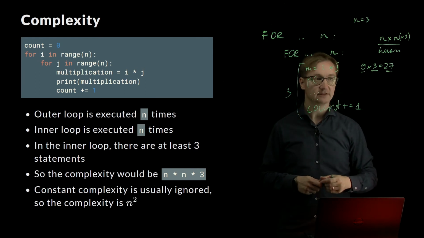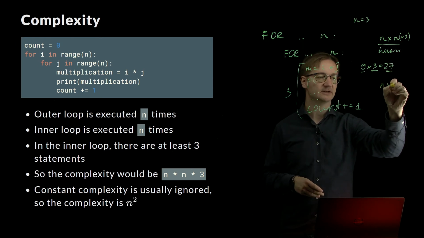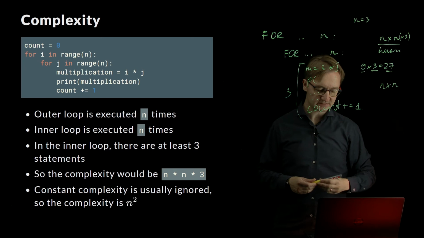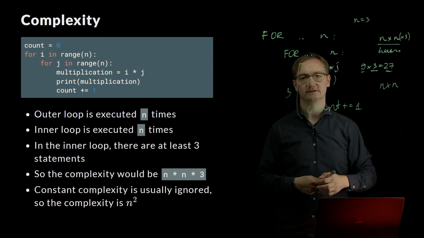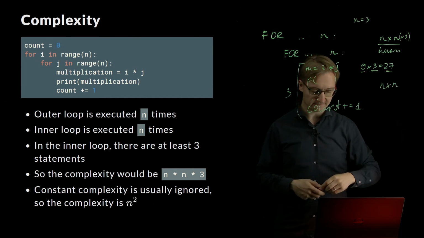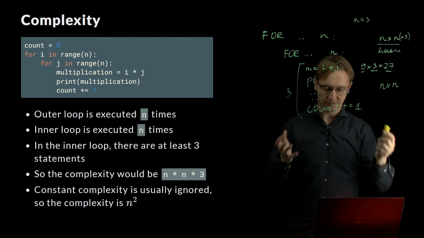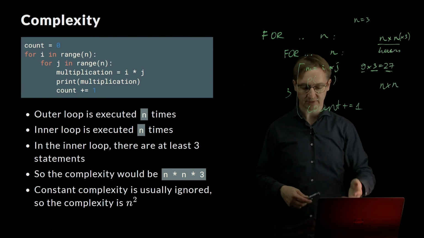So basically n squared times 3 is actually the same as n squared. The complexity doesn't show the actual number of statements executed. It's just like the kind of group where this problem or program belongs to.